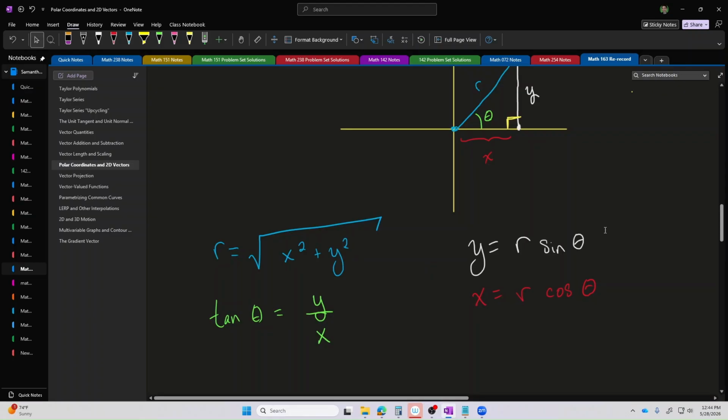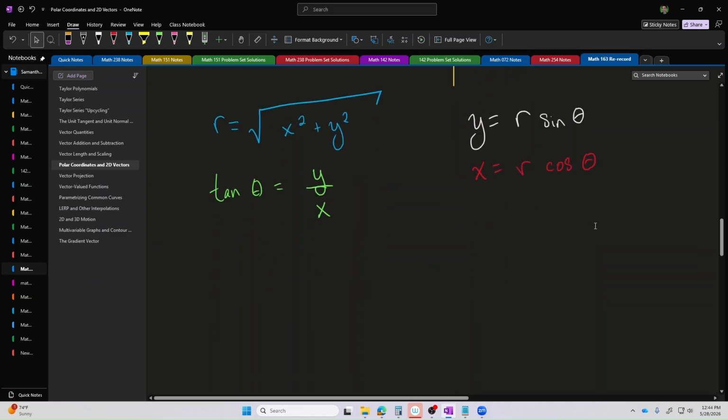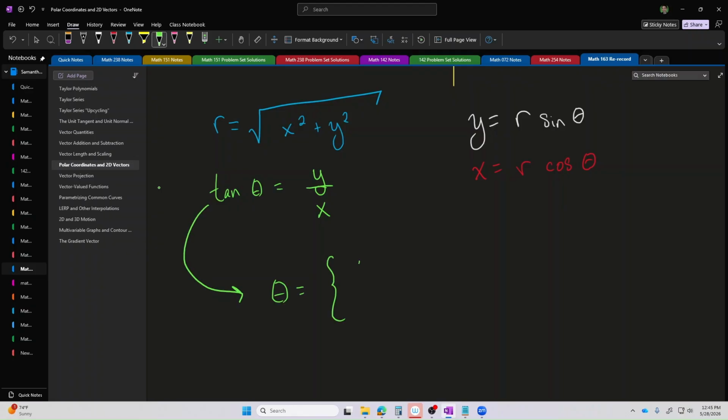Now, this final formula in green can be used to calculate the values of theta by applying inverse tangent to both sides. If I apply inverse tangent to both sides of this equation, I get the formula that theta is equal to inverse tangent of y over x.